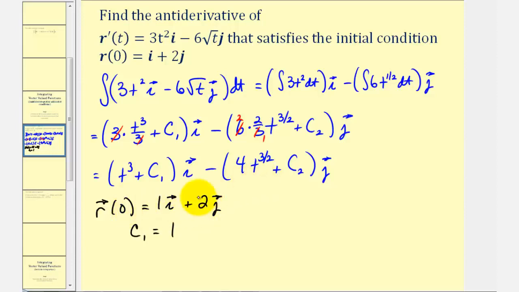Again, when t is 0, this tells us that minus 4 times 0 to the 3/2 plus c sub 2 must equal positive 2.